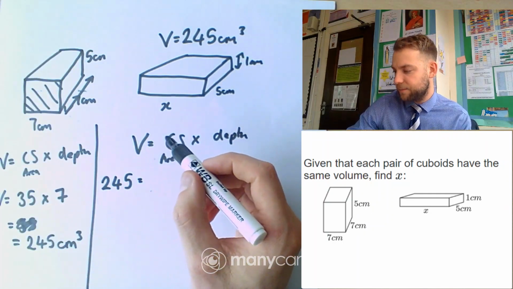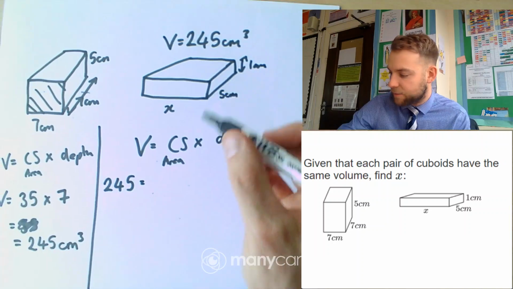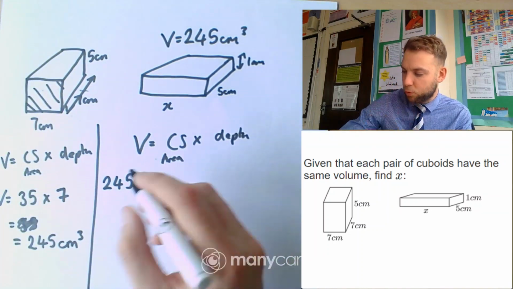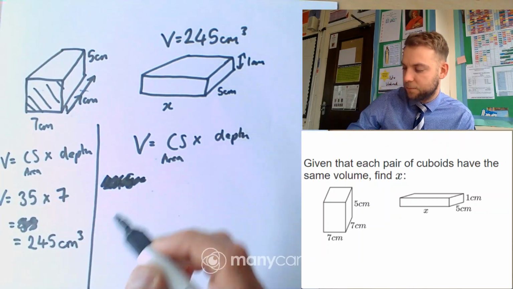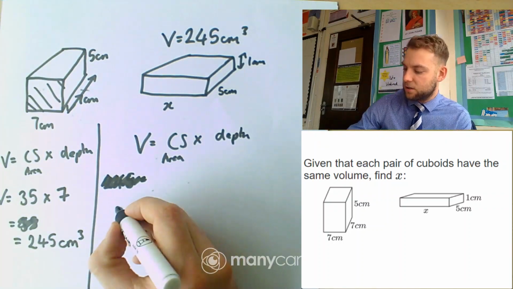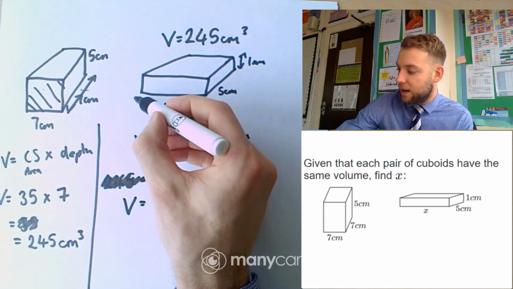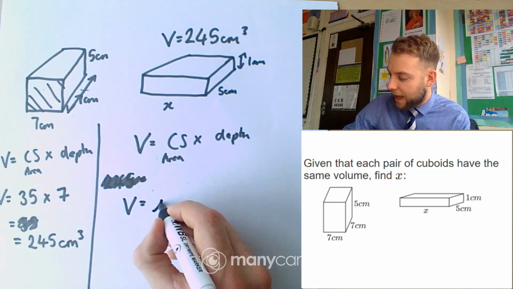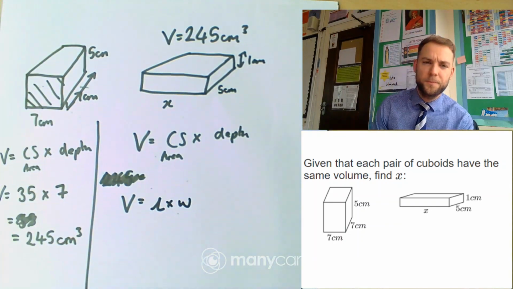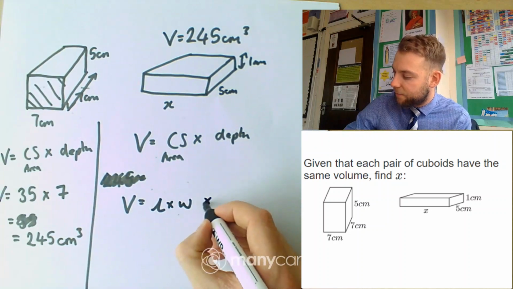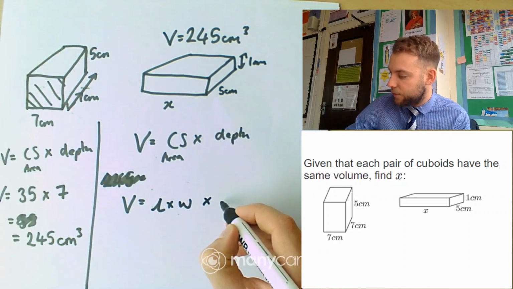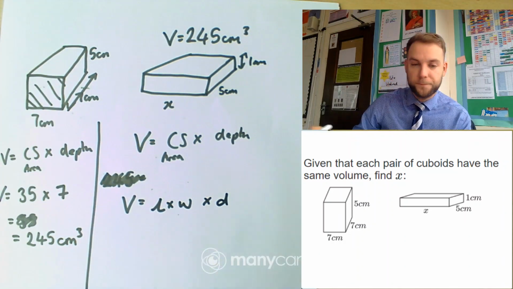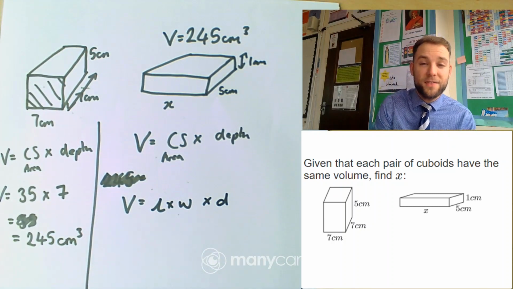Now, my area in this case is equal to x times by 1. So I probably should have done the formula here first, apologies. So volume is equal to the cross-sectional area, which in this case is a rectangle, so length times by width, times by the depth. So length times width times depth.